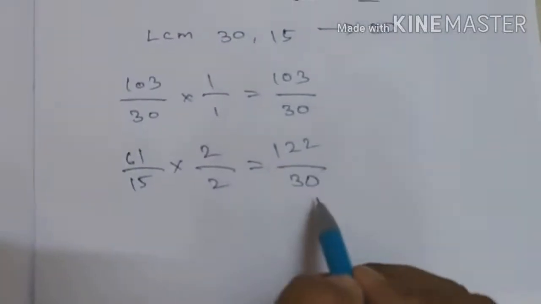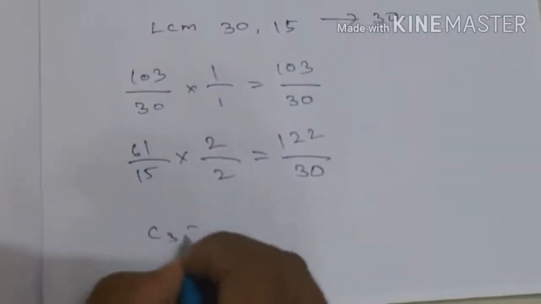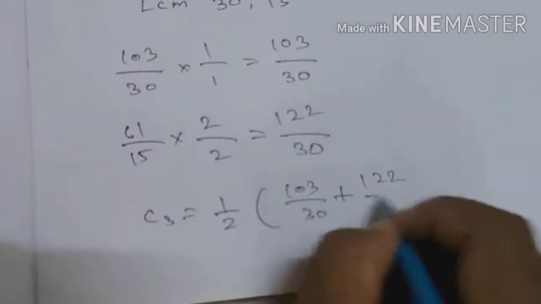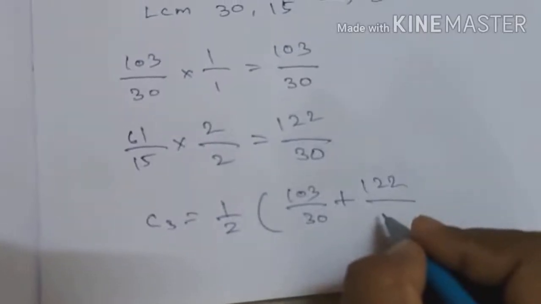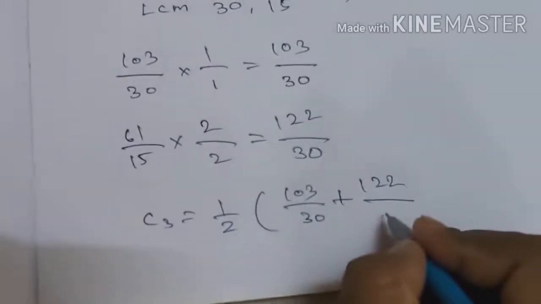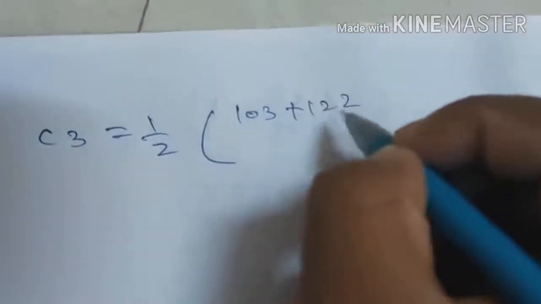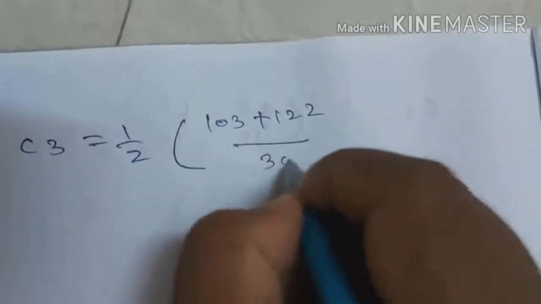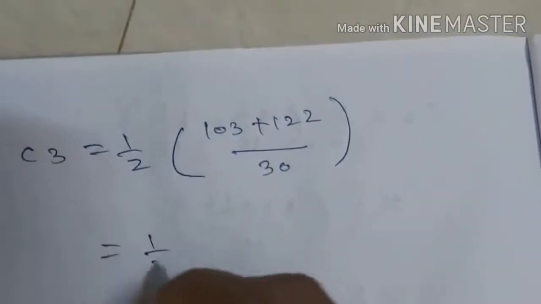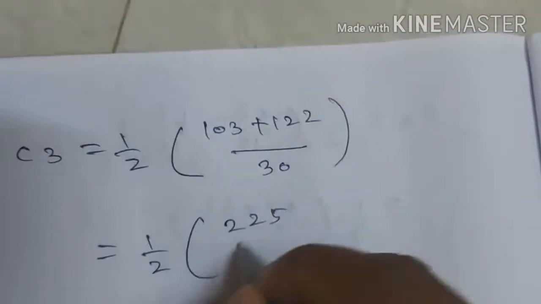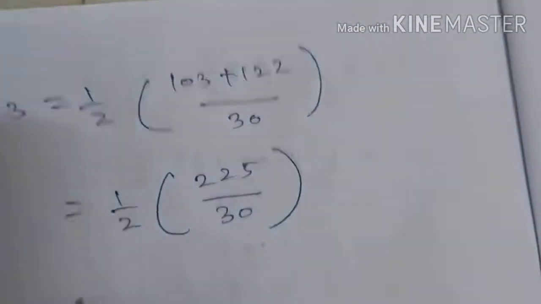Now C3 equals 1/2 (103/30 plus 122/30), equal to 1/2 of (103 plus 122)/30, adding the values gives 225/30.